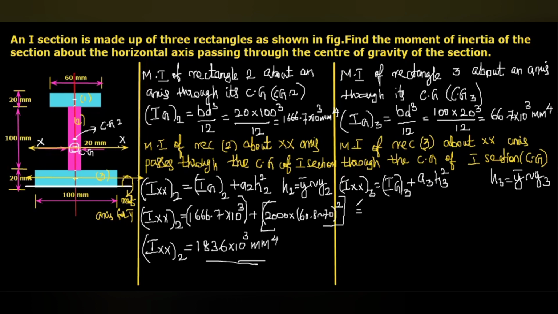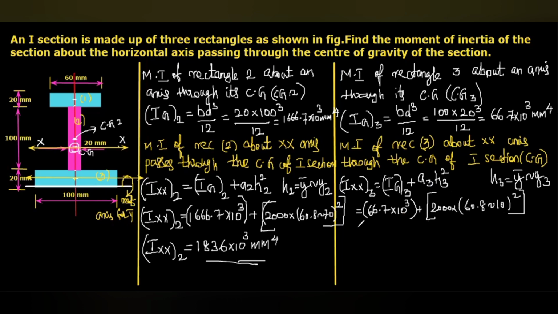Ig3 we got 66.7 multiplied with 10 power 3 mm power 4 plus the value of A3, that is also 2000, multiplied with this H3, y bar value 60.8 minus y3, that means this one 10 mm, that we also calculated already, square for this.